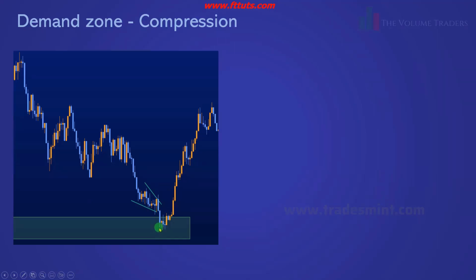I call this final push or final move to the zone for a reversal. So very similar to the pattern of support. It's just price doing something before the final filling of the orders. In this case, buy limit orders. So passive buyers.